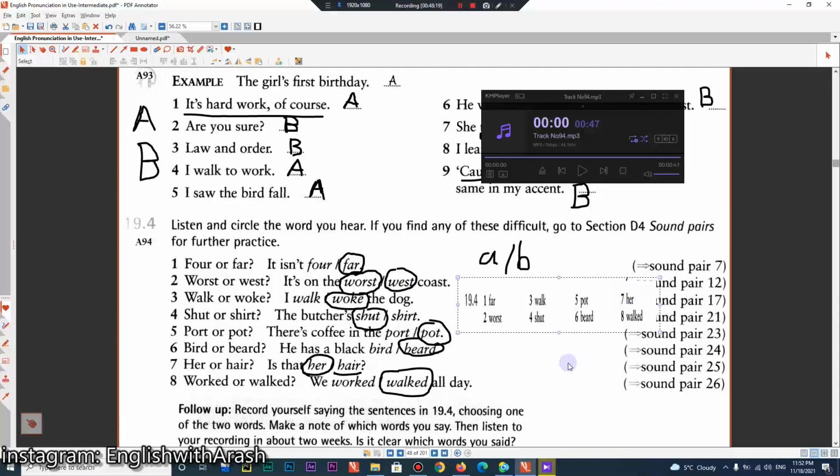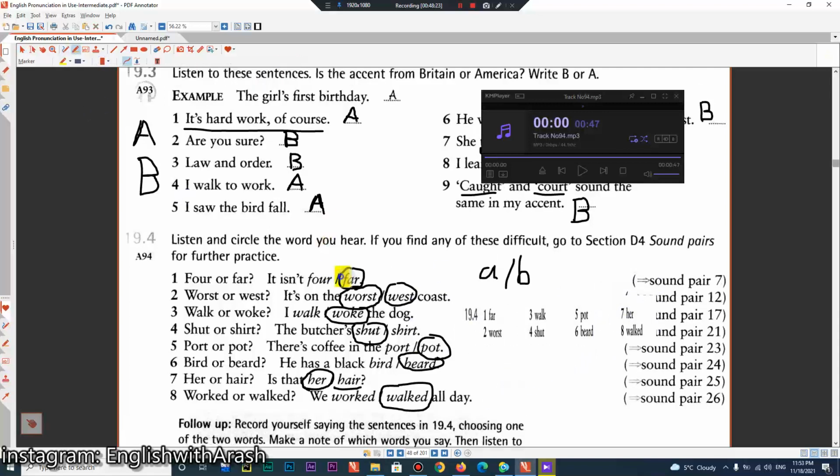So far, we were right, it's far. Worst, it's worst, not west. We can listen again. It isn't far. It's on the worst coast. Worst coast. Because the R is not pronounced, it makes it hard, but yes, it's worst.